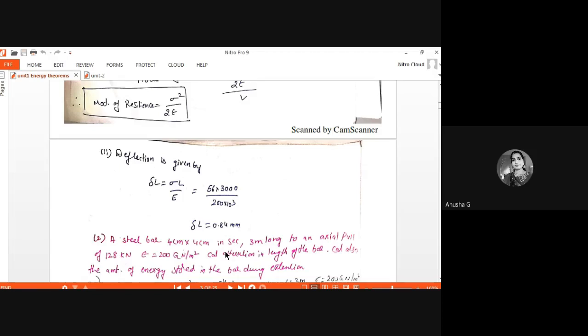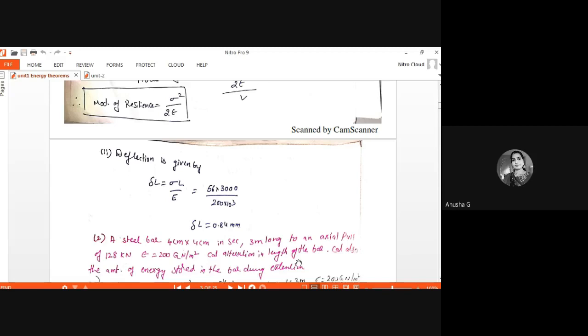A steel bar of 4 centimeters into 4 centimeters in section, three centimeters long, is subjected to a load of 128 kilonewtons. E equals 200 giganewton per meter square.